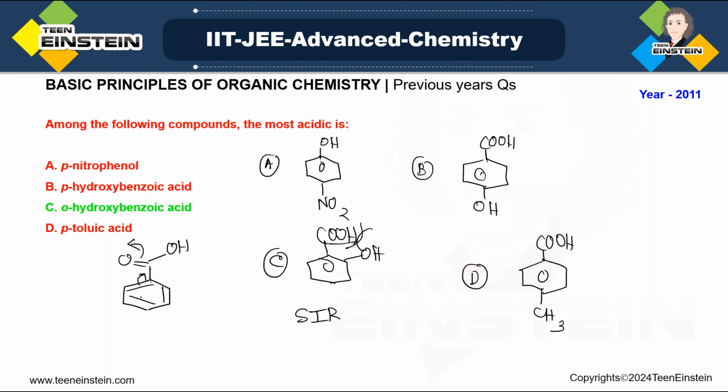And when this type of resonance is possible, the lone pair of this oxygen cannot take part in resonance with the double bond. Suppose for simple benzoic acid, this type of resonance is possible, and as a result you will have some positive charge generated over this oxygen, and this hydrogen will be very acidic.